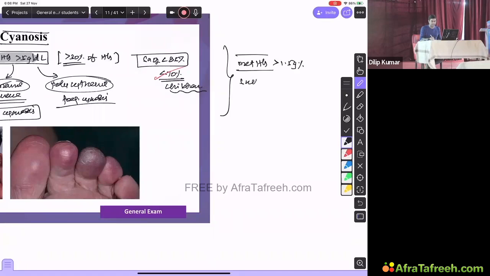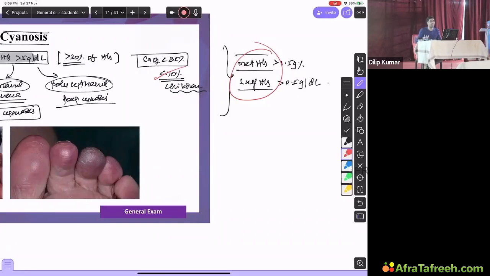Or if you have sulfhemoglobin, and if it's more than 0.5 grams per deciliter, that can also result in cyanosis. Whenever the cyanosis is due to methemoglobin or sulfhemoglobin, that is called enterogenous cyanosis, or endogenous, you can think.